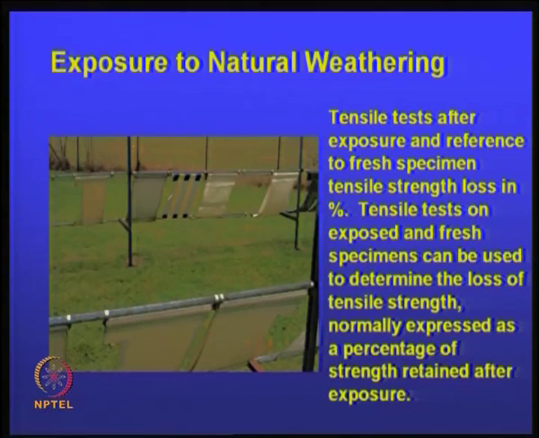As soon as he registers, take the piece and leave it out, or put it in the soil and then see its tensile strength. People have done this in earlier cases also, because they give some information and we have to compare with the fresh material. When you test immediately, you get some number, say 40 kilonewton per meter. Then you leave it for one week or one day or something, and then what is the tensile strength?